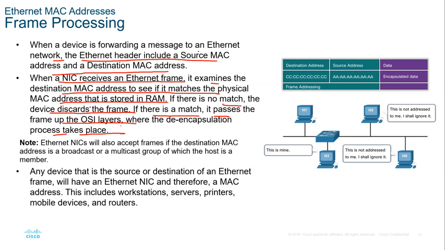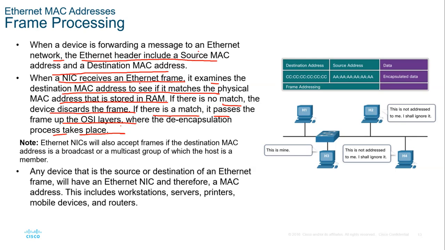In case there is a match, it will be passed to the upper layers of the OSI so that it can be processed. But if there is no match between the destination MAC address in the frame and the MAC address on the network interface card, then that frame is going to be discarded.